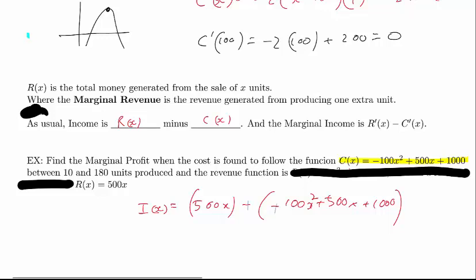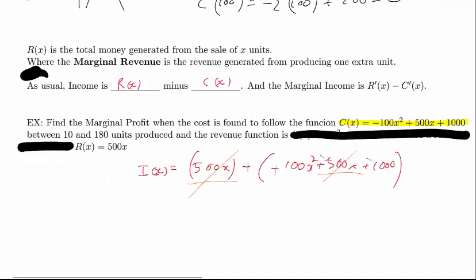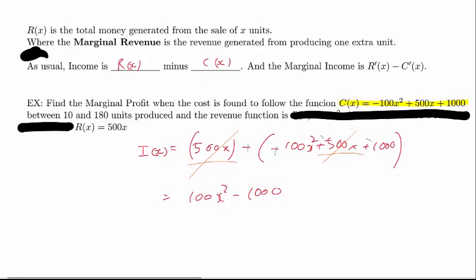So we got plus there, minus, minus. All right, so we have 500x minus 500x. Those go away. And so what are we left with? We are left with 100x squared minus 1,000. And so the marginal income is 200 times x.